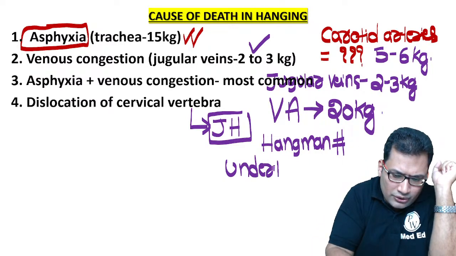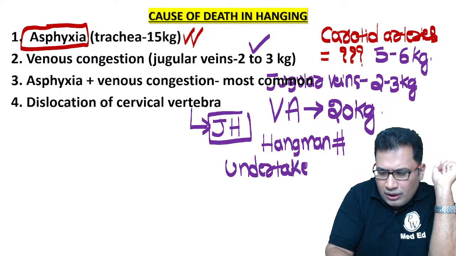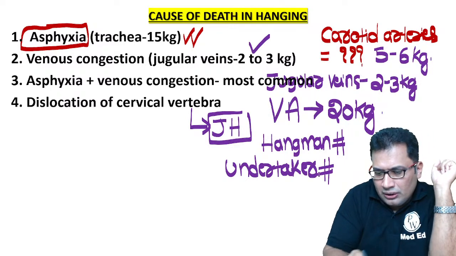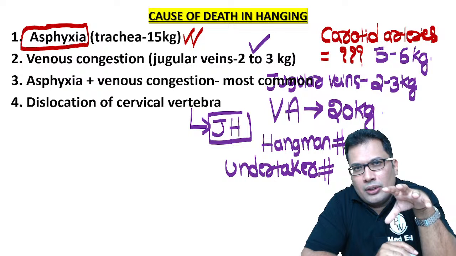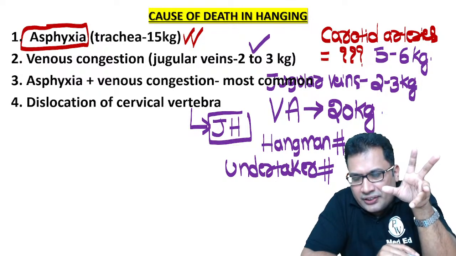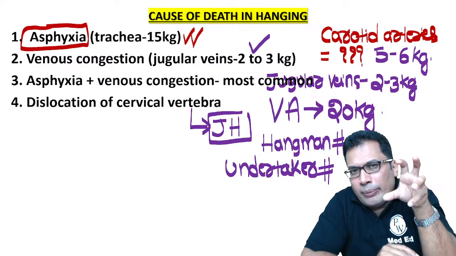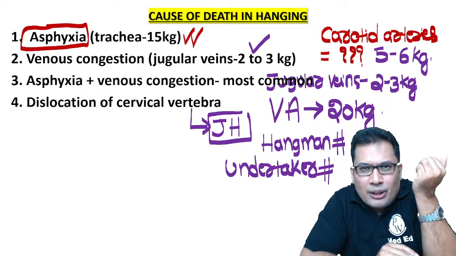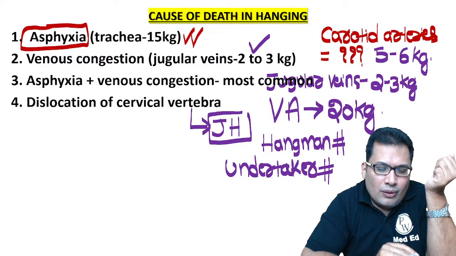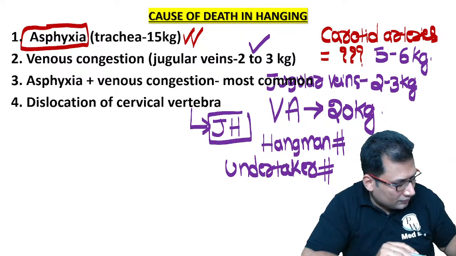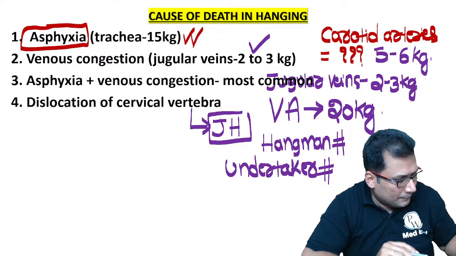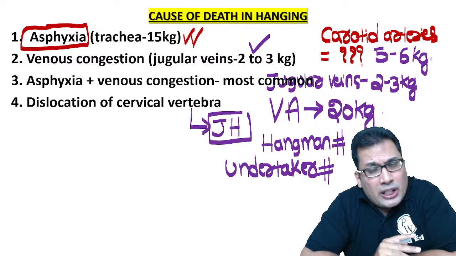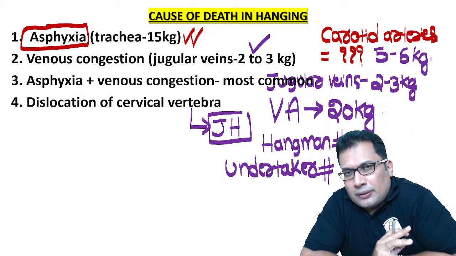Anyone in the chat box? Undertaker fracture can be an MCQ in your exam. There will be 10 MCQs in some universities. I said hangman is C2 fracture. Undertaker fracture, anybody? So, dislocation of cervical vertebra in judicial hanging.